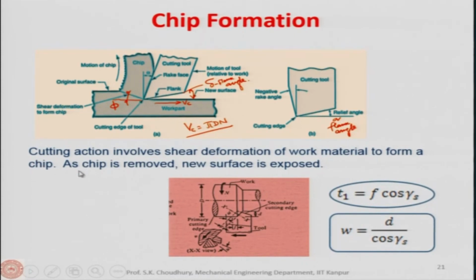Now, as chip is removed, the new surface is exposed. So, the chip is removed and the new surface is exposed. This was the old surface, this is the new surface, because this much material has been removed from this.